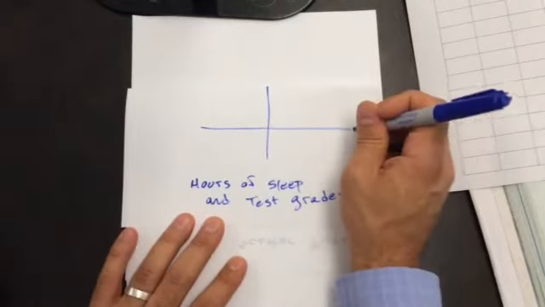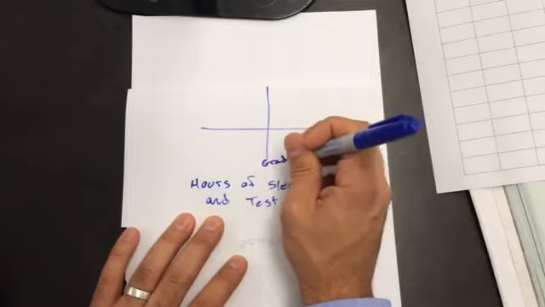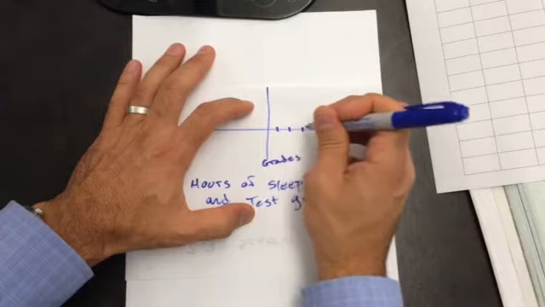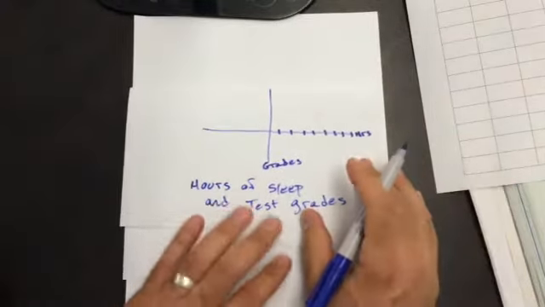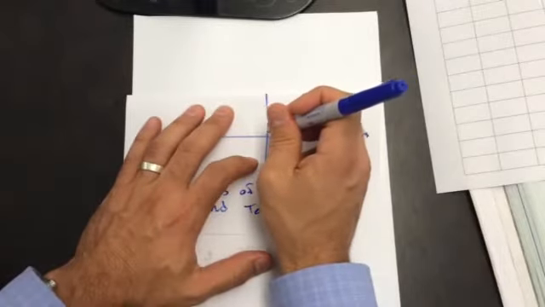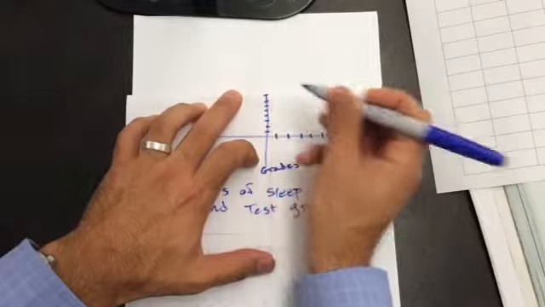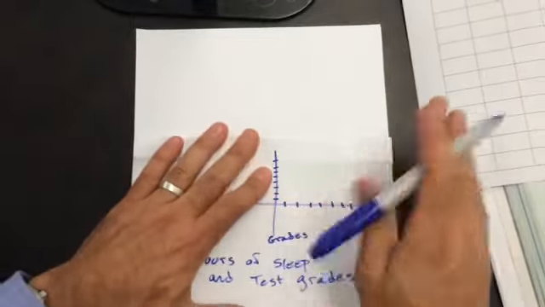If this is my hours of sleep, and this is the grades, and we're going to go 1, 2, 3, 4, 5, 6, 7, 8, and we're going to pretend that no one sleeps more than 8 hours. The grades are going to go 10, 20, 30, 40, 50, 60, 70, 80, and we're going to stop at 80 because I ran out of space. Nah, just kidding. We'll fold this back.